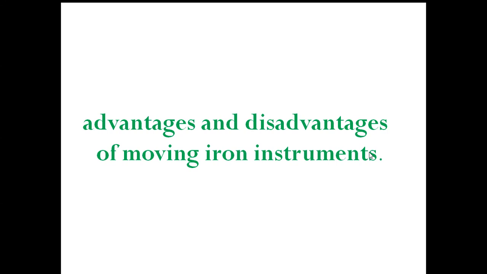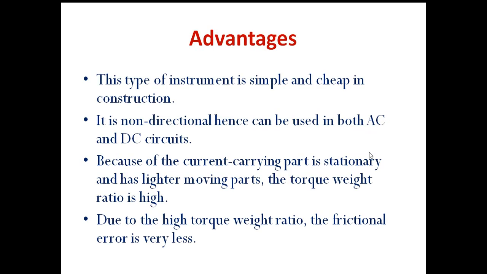Now we will see some advantages and disadvantages of the moving iron instrument. Coming to this, the main advantage is that it is simple and cheaper in construction. It is non-directional, hence it can be used for both AC and DC.